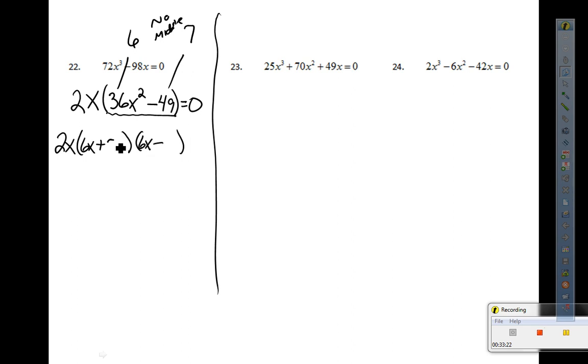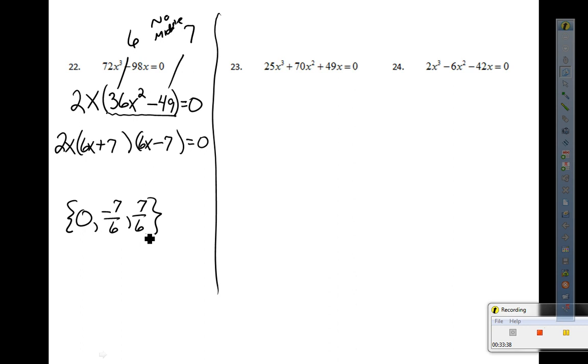Square root of 49, 7. Set each of those pieces equal to 0. So I got 0, -7/6, and +7/6.